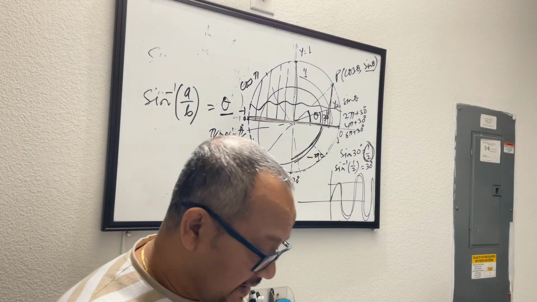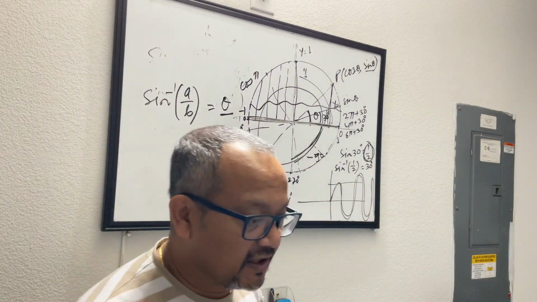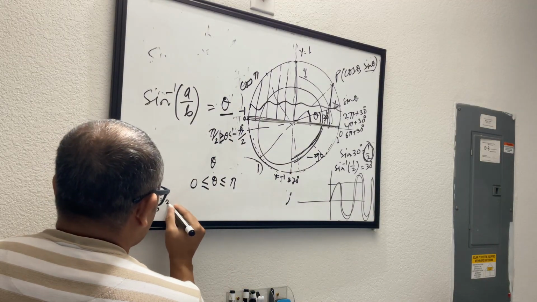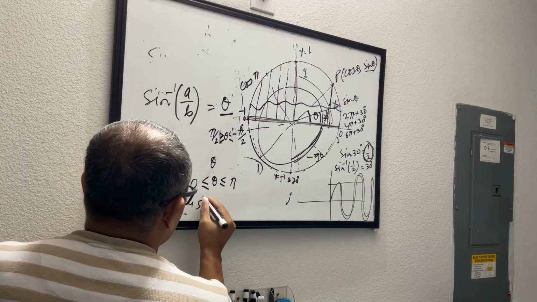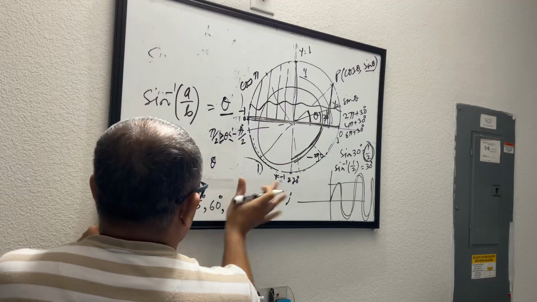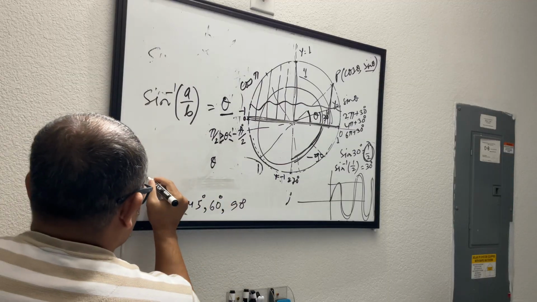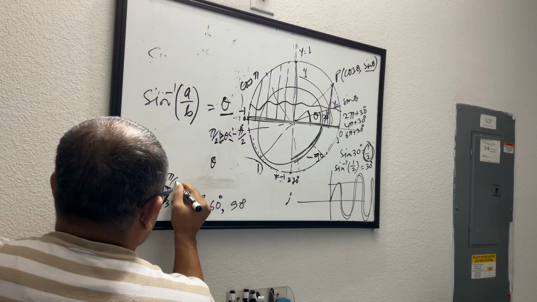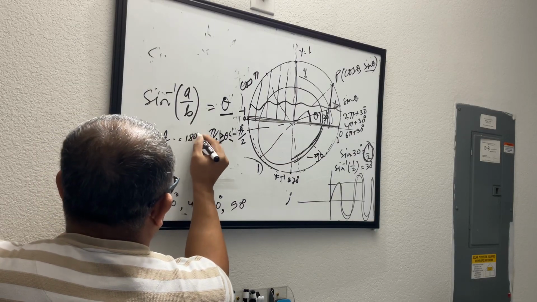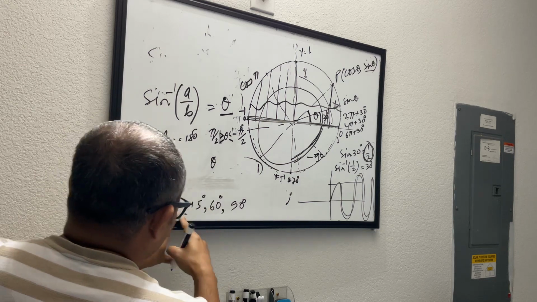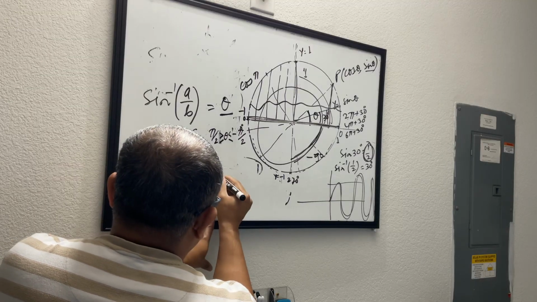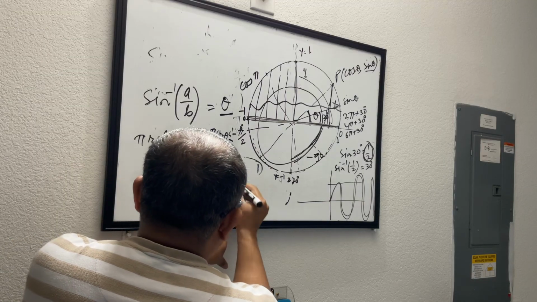Now, these are some of the angles that we'll deal with. The most commonly used angles are 0 degrees, 30 degrees, 45 degrees, 60 degrees, and 90 degrees. In radians, obviously, it's 0 radian, and since pi radian is equal to 180 degrees, when I say 30 degrees, I'm talking about pi by 6 radian. 45 degrees is pi by 4 radian. 60 degrees is pi by 3 radian. 90 degrees is pi over 2 radian.